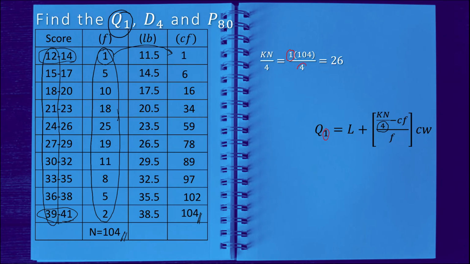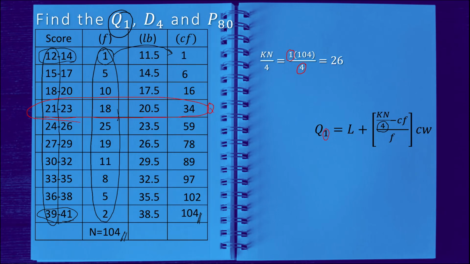And then, yung i natin is 4 kasi nga po, quartile po yung hinahanap. 1 times 104 divided by 4 is 26. Now, i-locate na natin si 26. Belong ba si 26 kay 1? Kay 6, hindi din. Kay 16, hindi din. Kay 34. Kasi, from 17 to 34, belong po si 26.